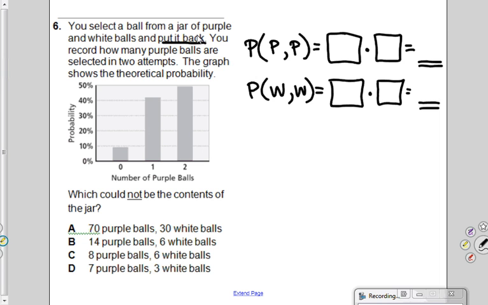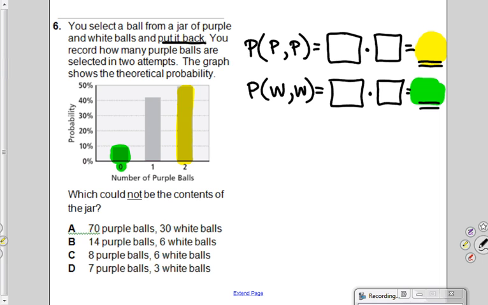Whatever we get here, purple, purple, should match the height of this bar. Whatever we get here, white, white, should match that bar.